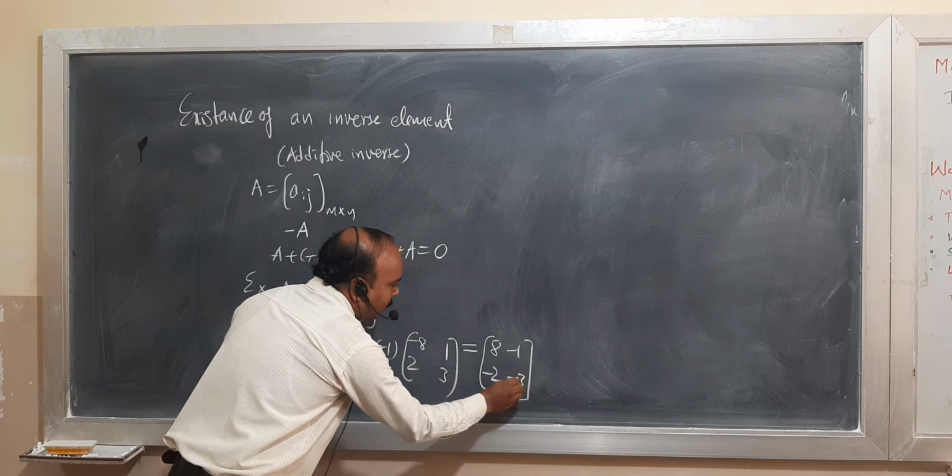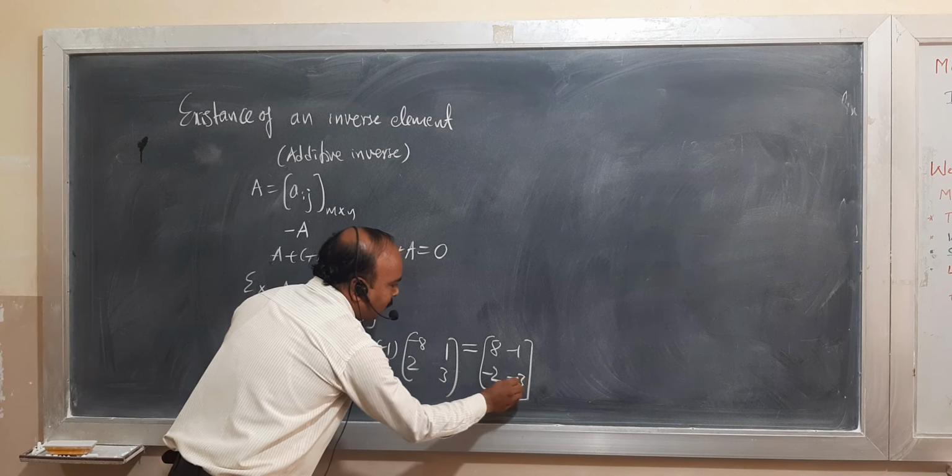Otherwise minus 8, 1, 2, 3 is the inverse of the matrix 8, minus 1, minus 2, minus 3, because here we observe that A plus minus A is equal to O. If you add these two matrices, you get the zero or null matrix, because minus 8 plus 8 equal to 0, 1 minus 1 equal to 0, 2 minus 2 equal to 0, and 3 minus 3 equal to 0.